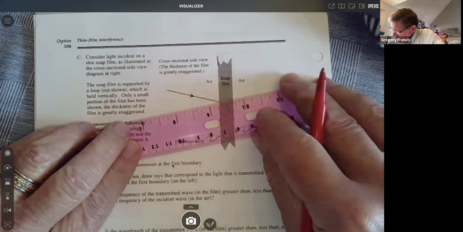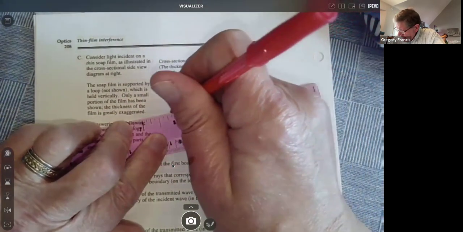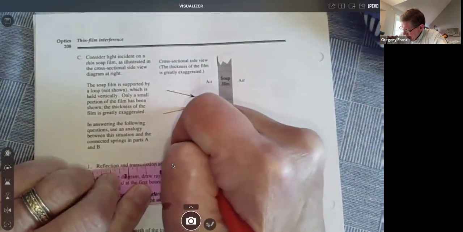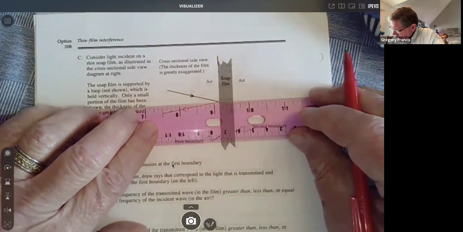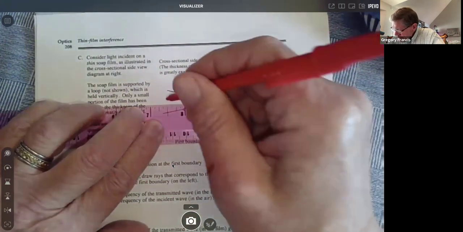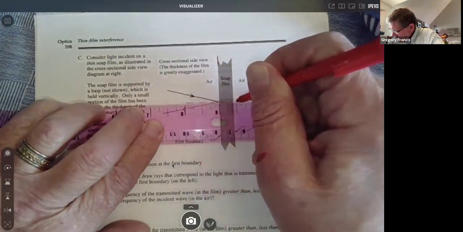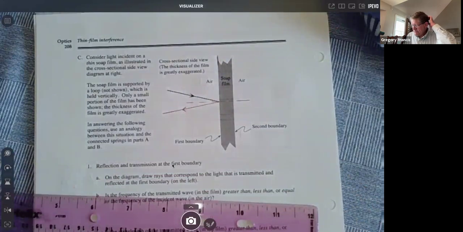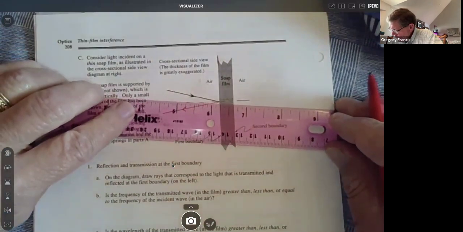So we know that the reflected wave is going to come off at the same angle that it went in at relative to a normal. I'm going to try my best to draw this correctly. And then we're going to bend the light towards the normal.